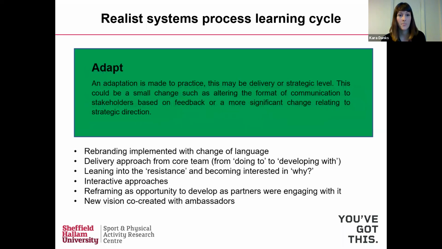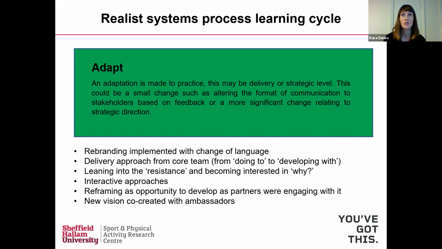And then in terms of adaptation, so making changes to practice. Because we're a process evaluation, things happen as we go along, it's concurrent, and that might be at a delivery or strategic level. Linking back to our example around changing the vision with the exchange, the action the core team took, based on their reflections on putting the vision back to the exchange, was that they rebranded and had a change of language.